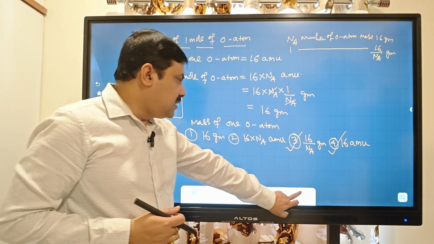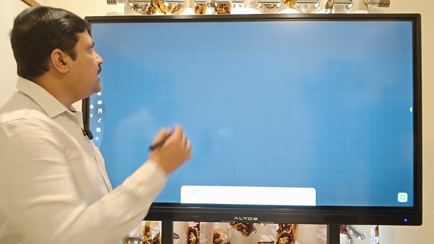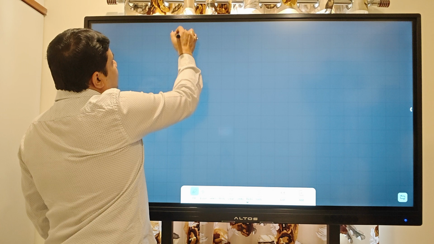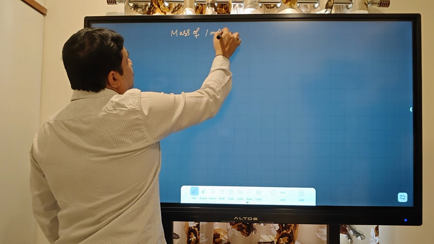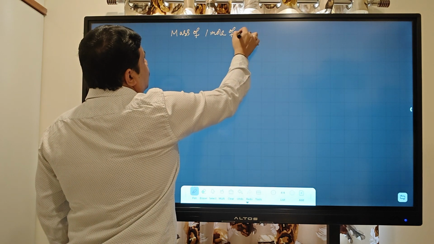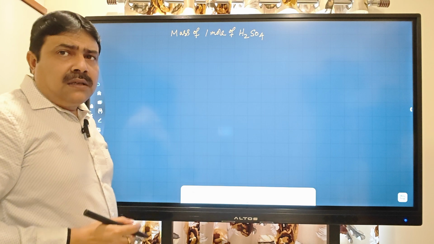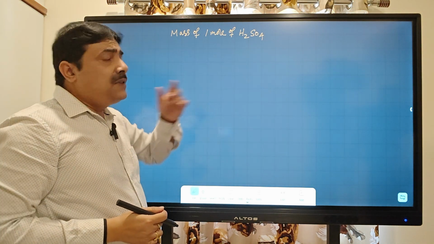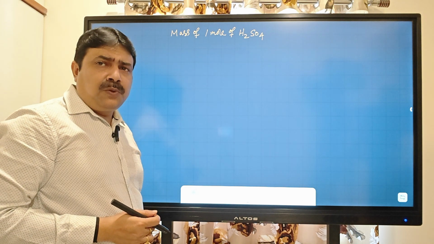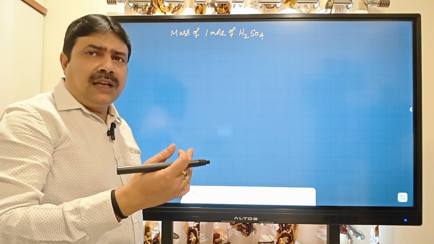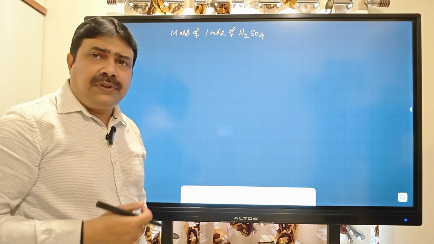So now let us look at the molecules. If I say calculate the mass of 1 mole of H2SO4, then how can we calculate? Whenever you are going to calculate the mass of 1 mole of H2SO4, first let us look at the mass of one H2SO4 molecule in AMU, because molecular mass or one atomic mass they always express in terms of AMU.